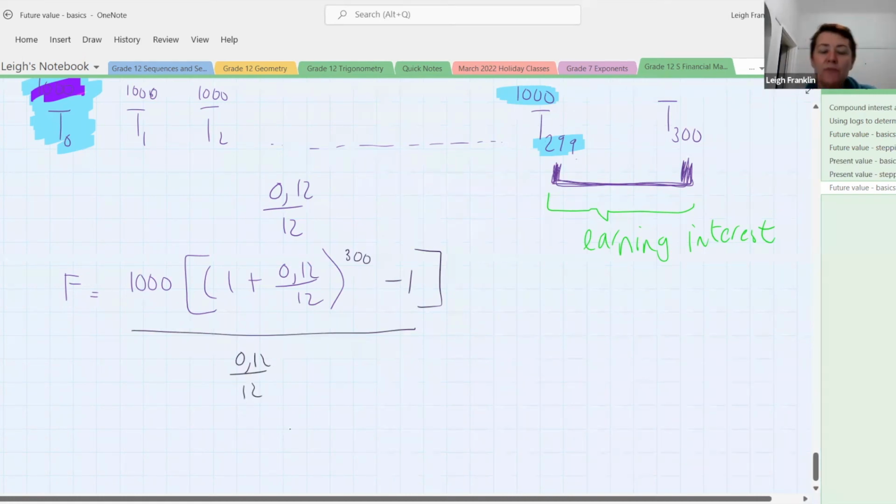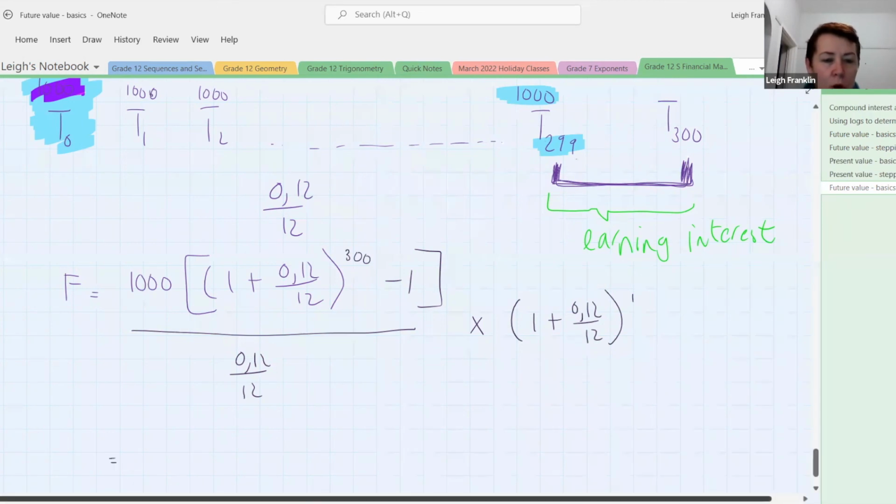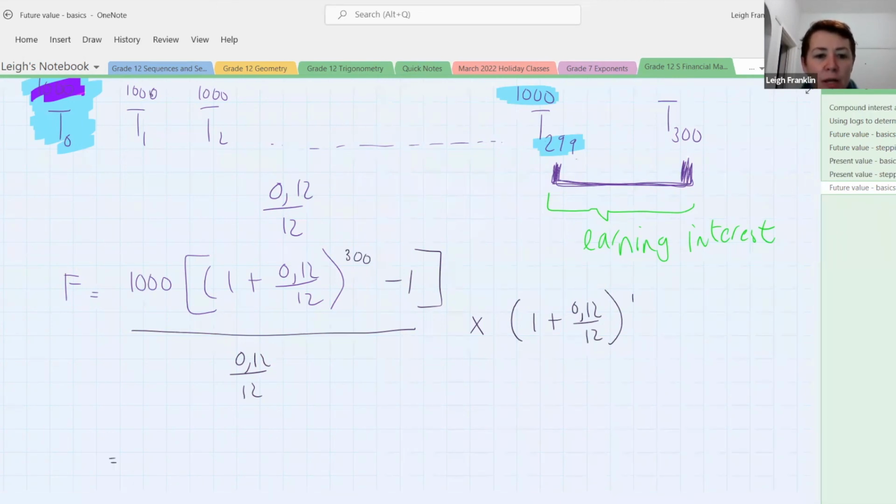Now, to account for the fact that the money has stayed in the account and earned interest, we use compound interest. The accumulated amount is going to grow for 1 month at the same interest rate, so 1 plus 0.12 over 12 for 1 month. Does that make sense to everybody?